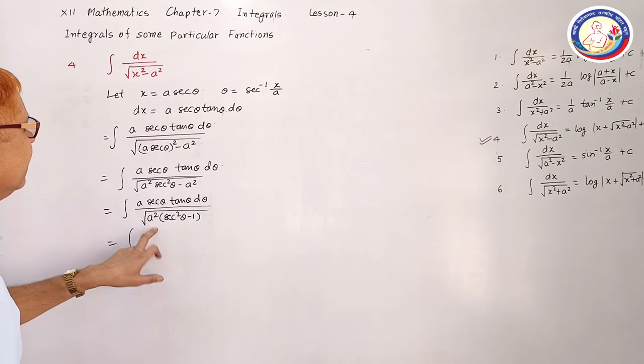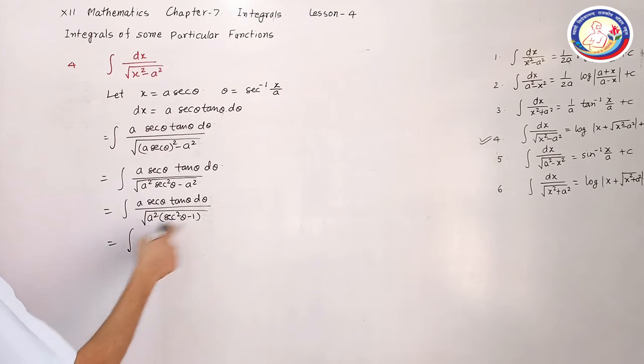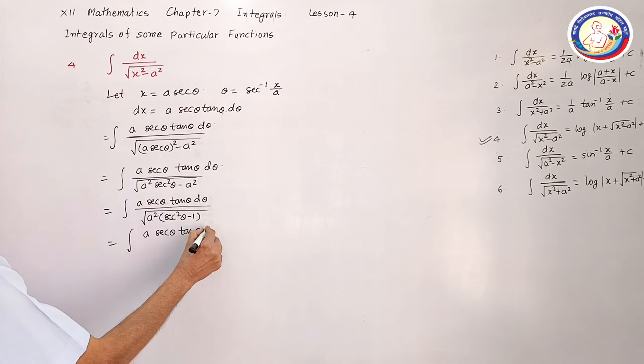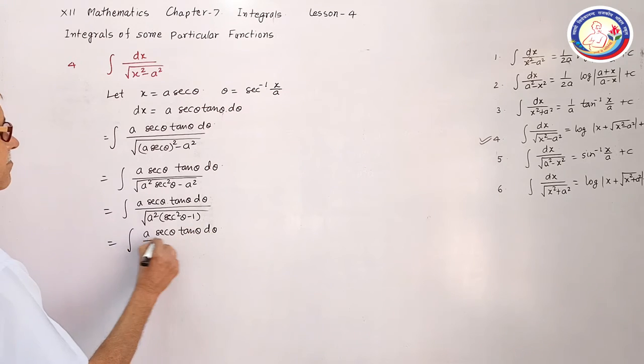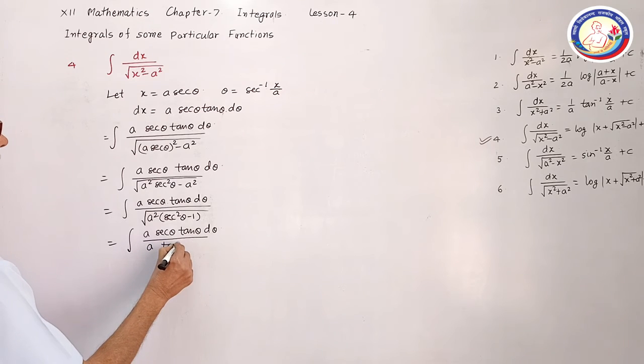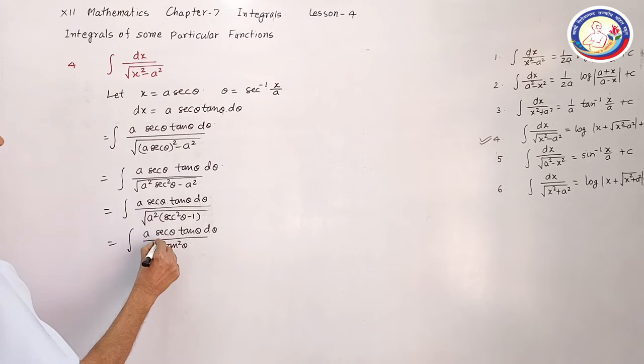I'm writing it directly, not writing one step between. It is a sec theta tangent theta d theta divided by a tangent square theta with square root.